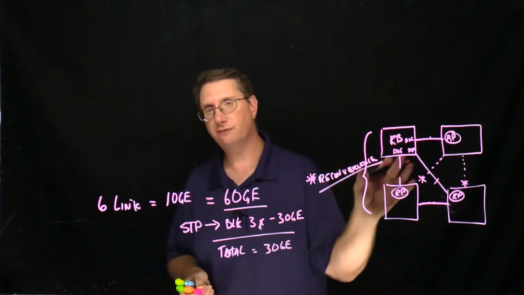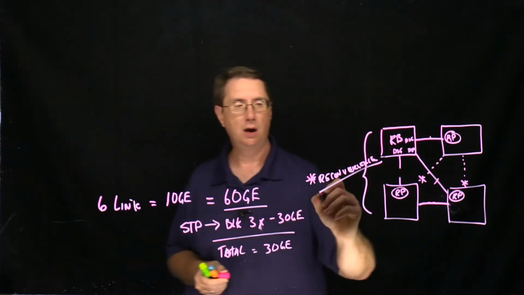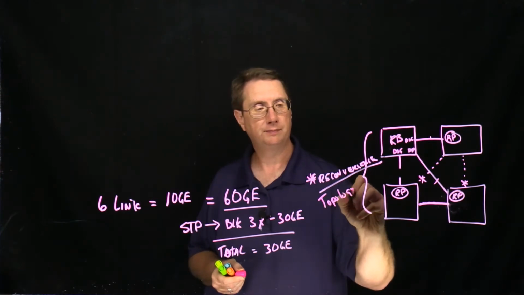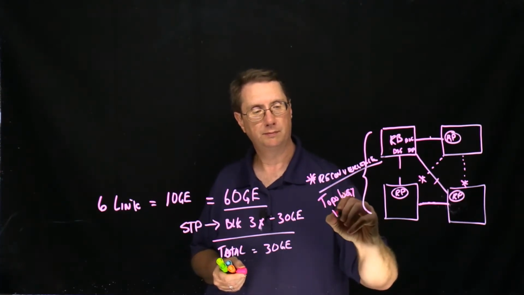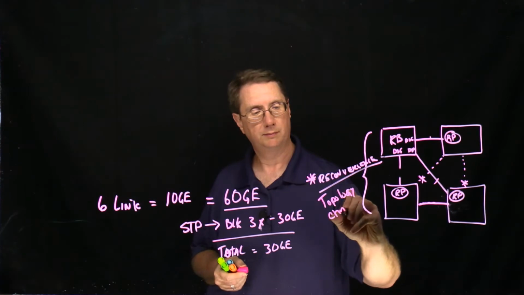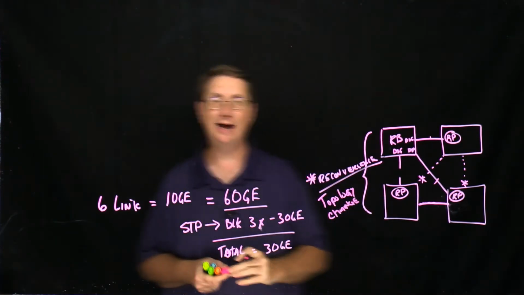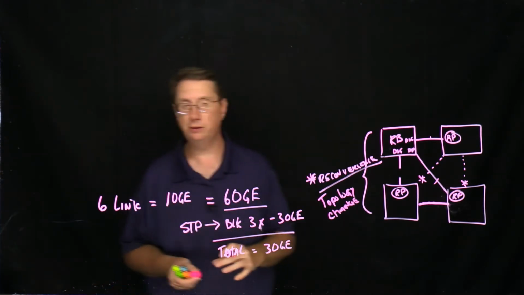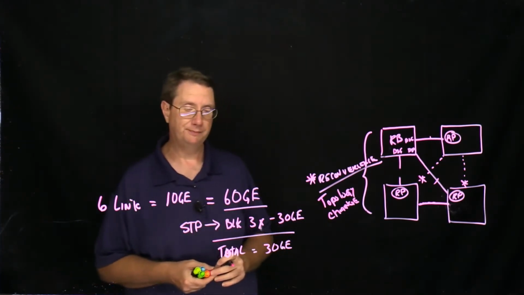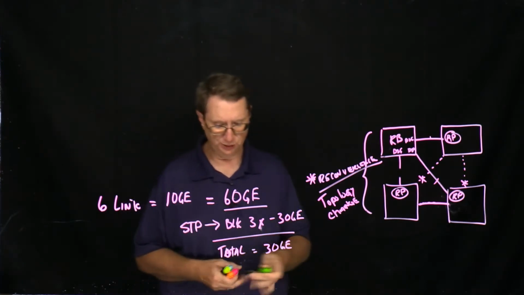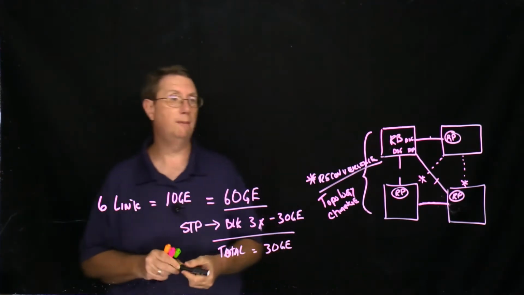So during reconvergence or a reconvergence event or something called a topology change, it's important to keep in mind that I can't forward data until such time that I've actually recomputed my loop-free graph. Now, this is made even worse when you take into account that a lot of organizations want more throughput.